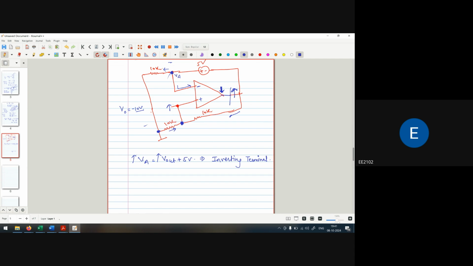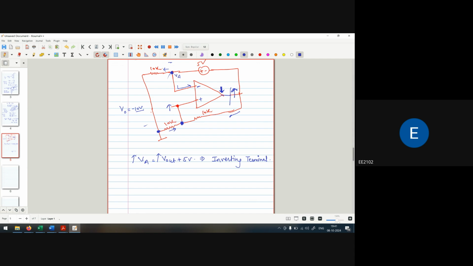If we take the upper loop as a feedback loop, then it is like a fixed one, right? There are two types of loop, positive as well as negative. We have to identify first where we apply this 5 volt effect, either positive terminal or negative terminal, to make it a negative feedback.